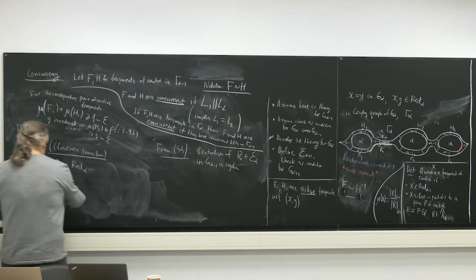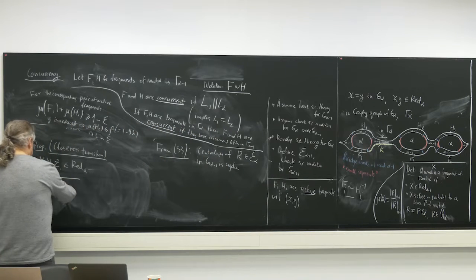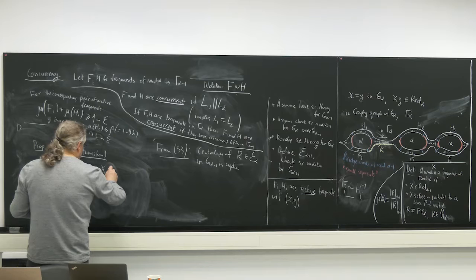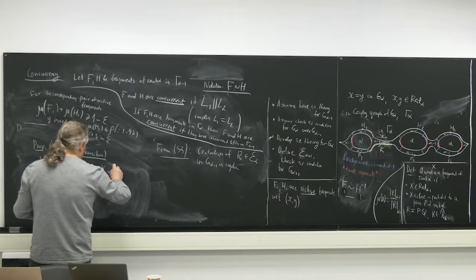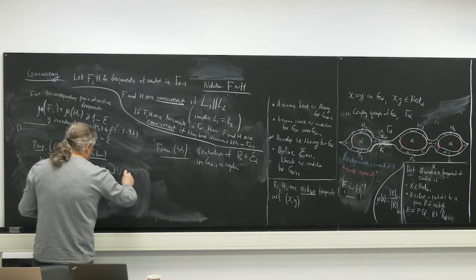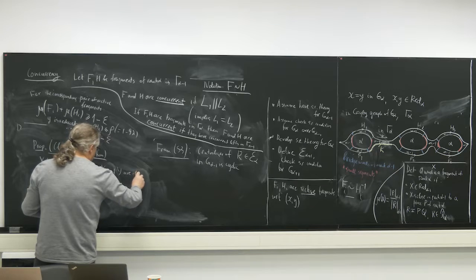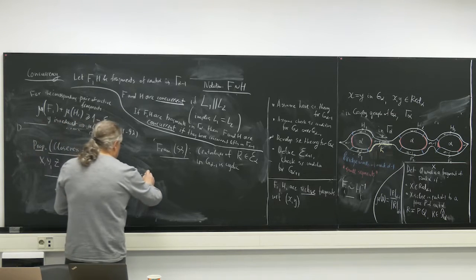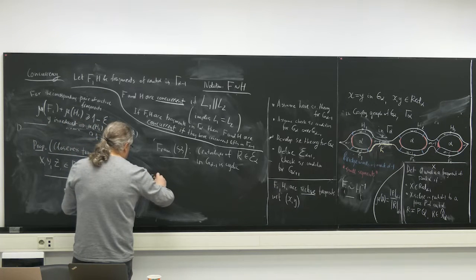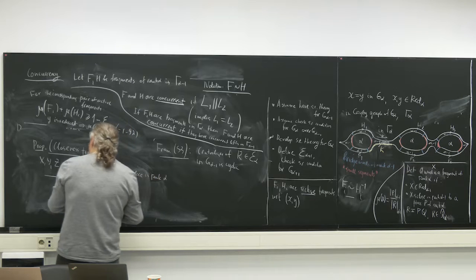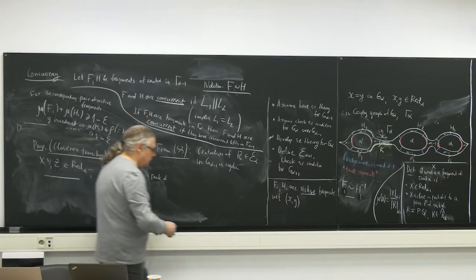So we have, say, X here. X is close to Y. X and Y are close in rank alpha. So this means that we have this picture.